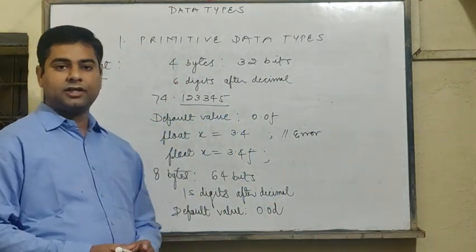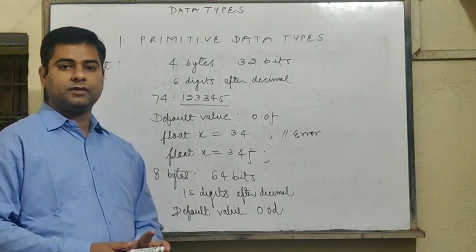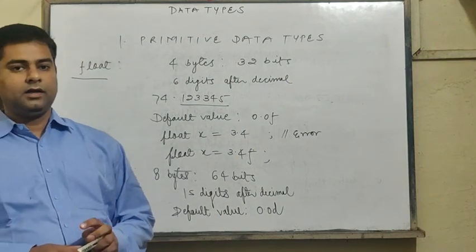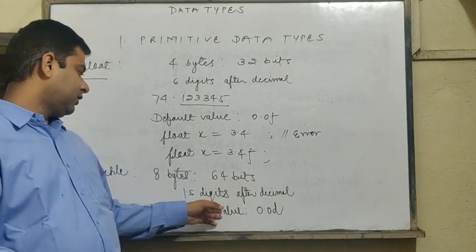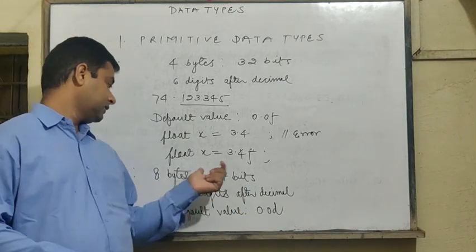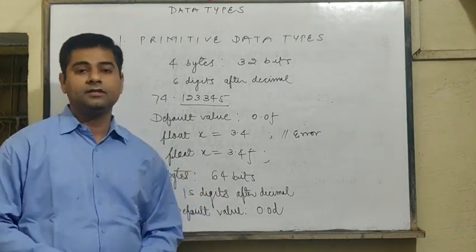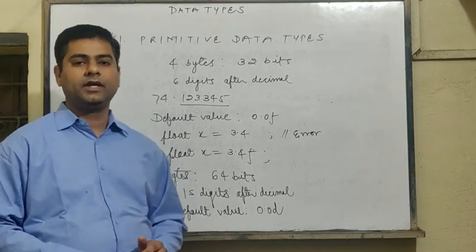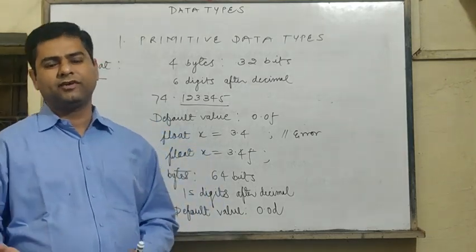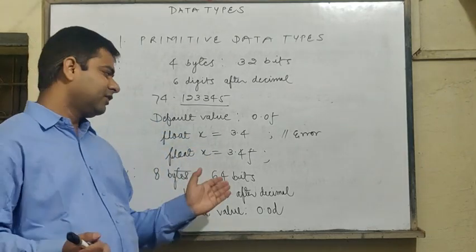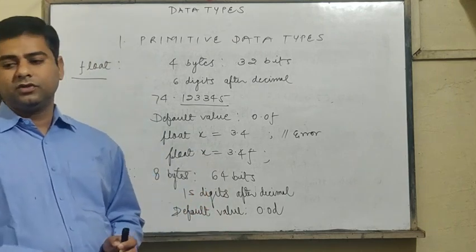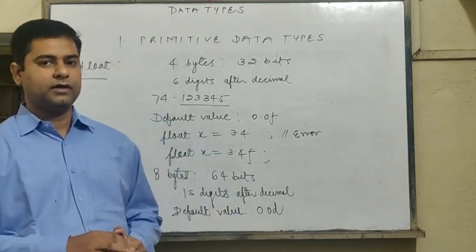Okay? Till here you must have understood? Yes or no? Okay. So here the default value of the double data type is 0.0d. Okay? And if you are writing 0.0, 2.5, 6.5, automatically it will be taken as double. So you can understand.